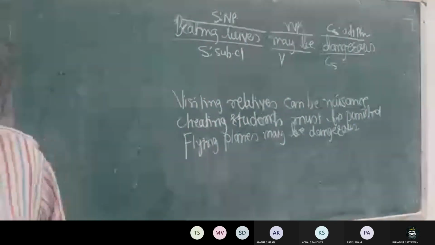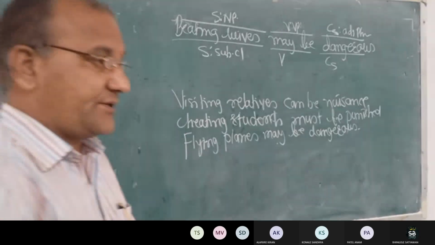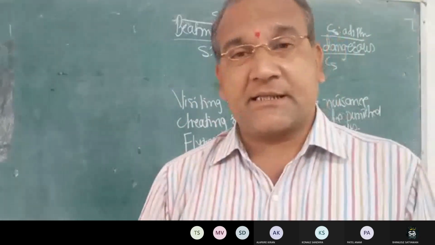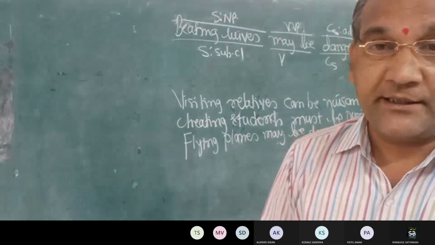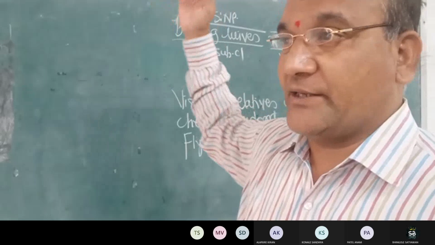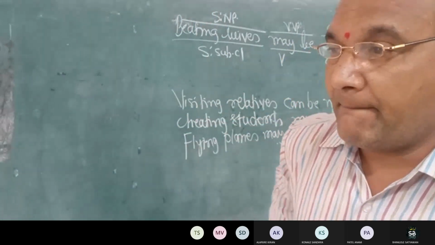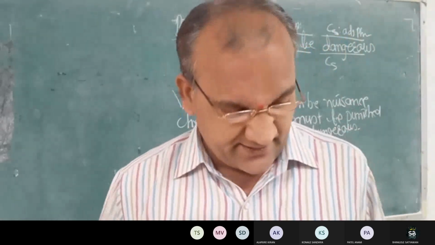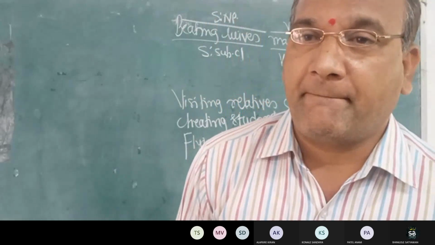So it depends on how you treat the unit beating wives. If you treat it as an NP, you'll get one meaning. If you treat it as a subordinate clause functioning as subject, you'll get another meaning. Can we guess the meaning of the structure where S is an NP?